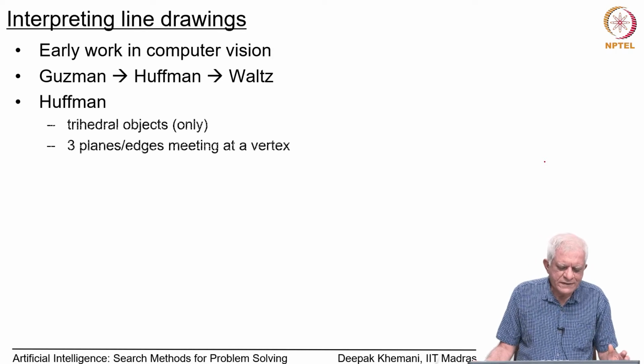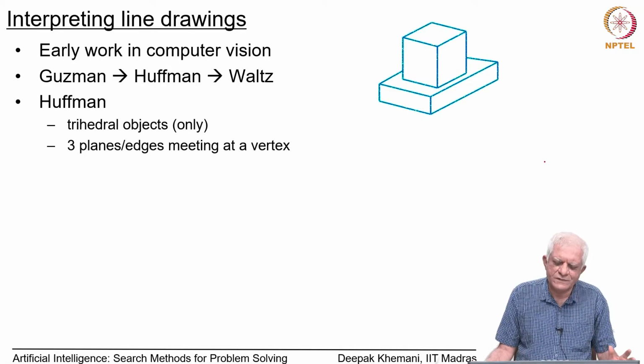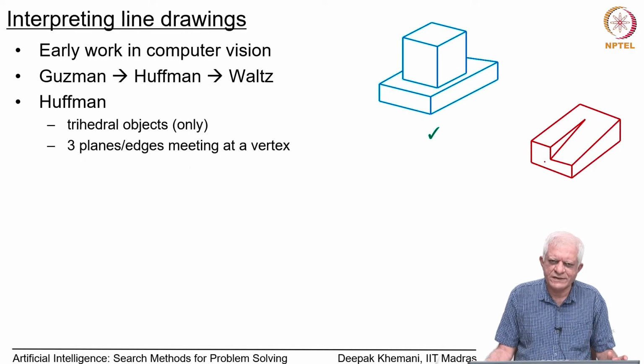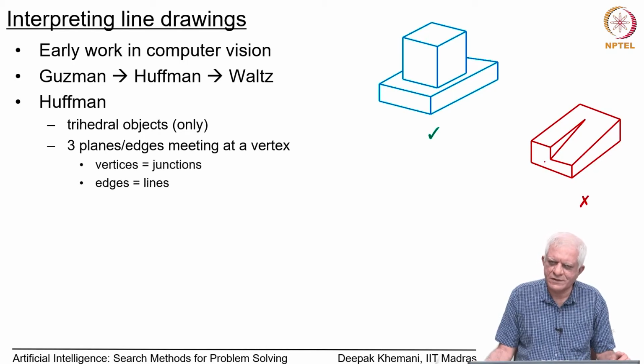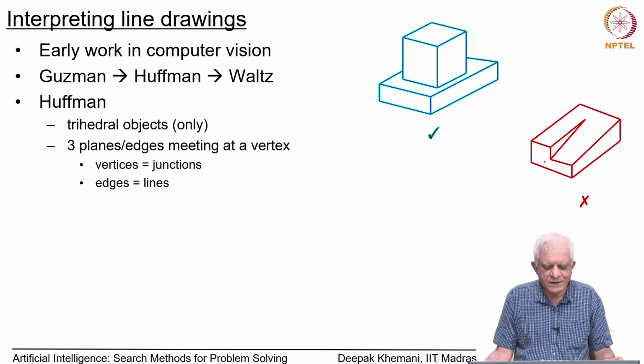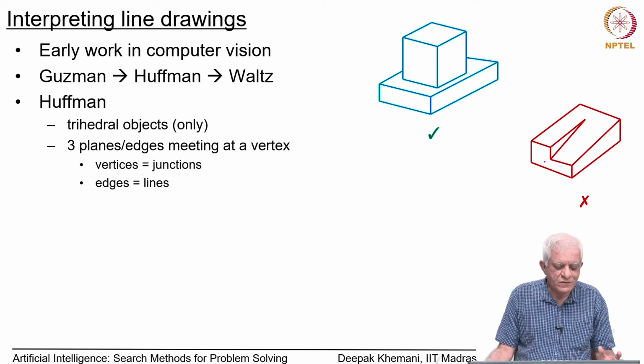So, Huffman said that you want to work with trihedral objects only. Guzman was less restrictive over this, but Huffman realized that these problems are not so easy, so you restrict the class of objects that you will look at, and he stated that you should look at trihedral objects only. What are trihedral objects?